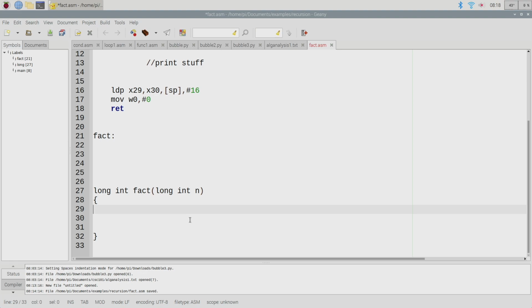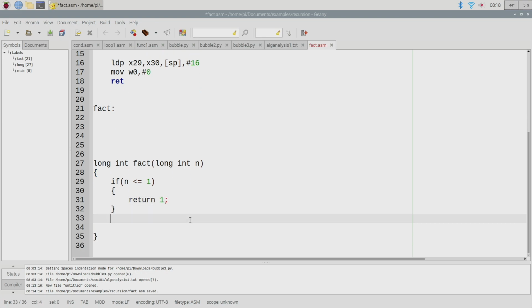So we'll say, if n is less than or equal to 1, return 1. Else, what do we return?